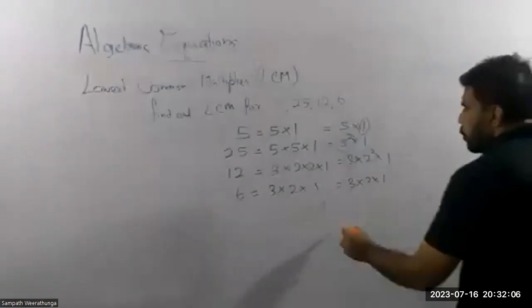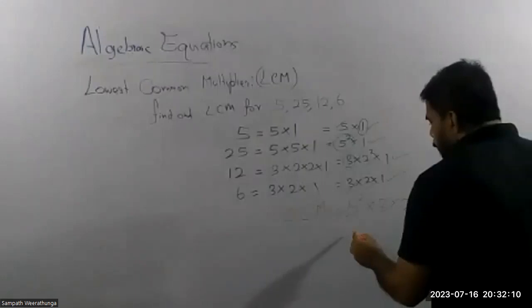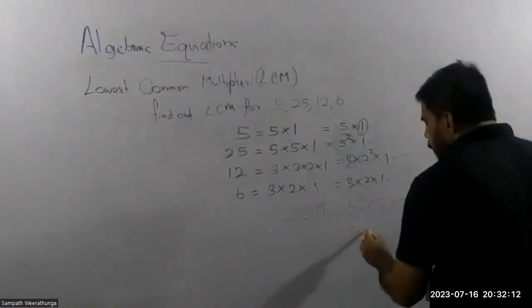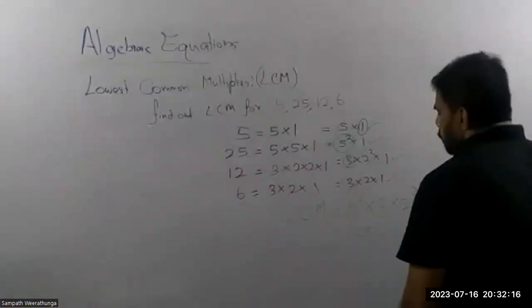That is 5 into 5, 25, into 3, 75, into 4, 300. So 300 is the number.